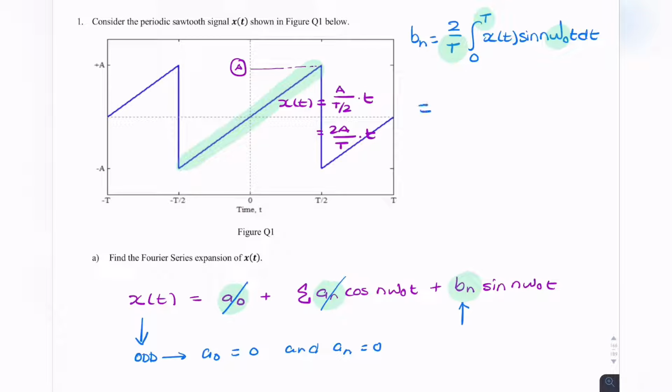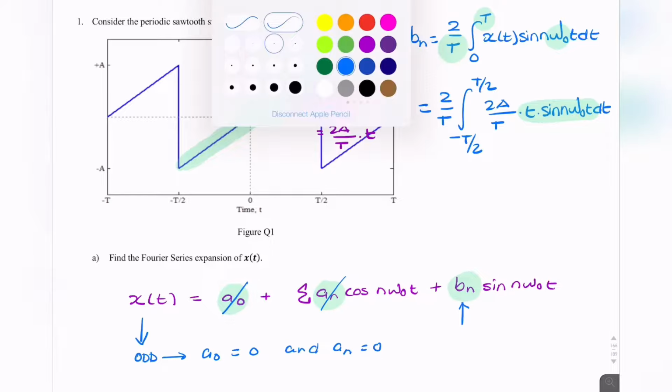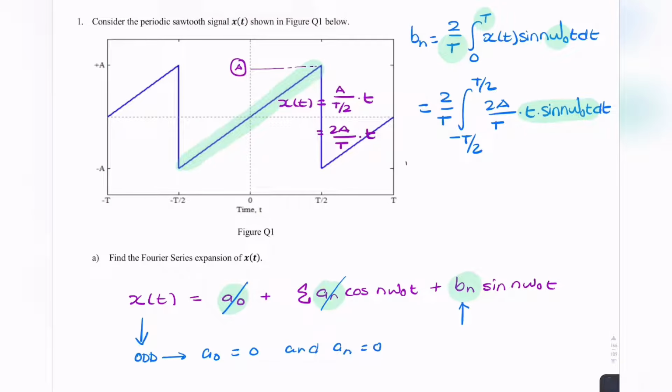So bn is the integration, 2 over T from minus T over 2 to T over 2, 2a over T times t, and so on. Now we have this integration, and we'd need to integrate by parts.